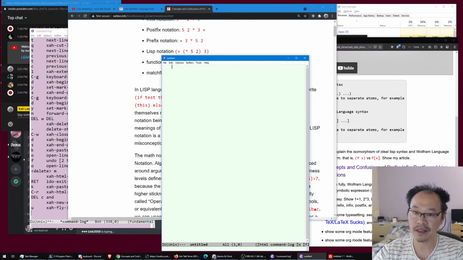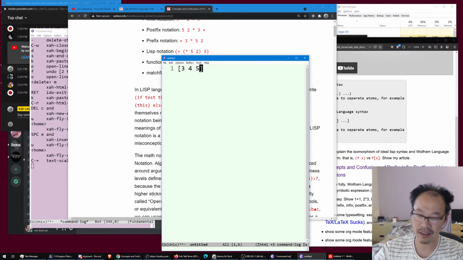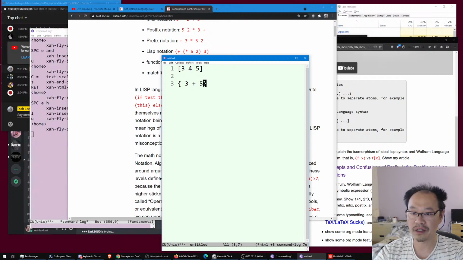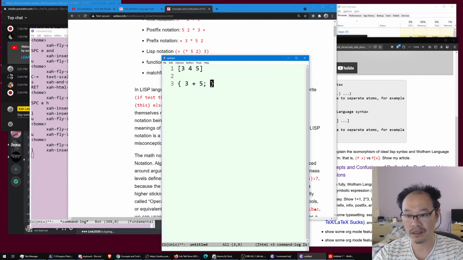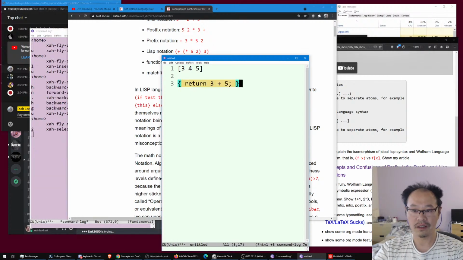For example, an array, 3, 4, 5. This is a typical array syntax in all these languages. Or you have a block of text, 3 plus 5, and semicolon and return.